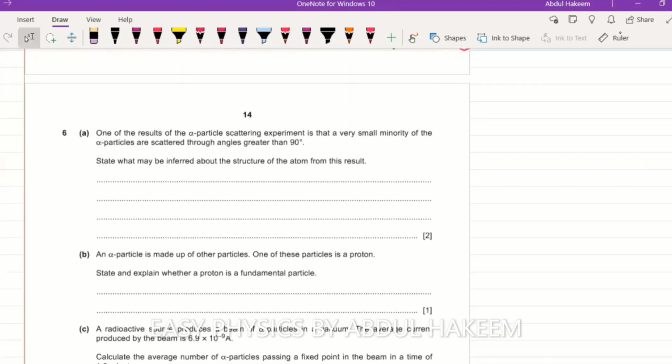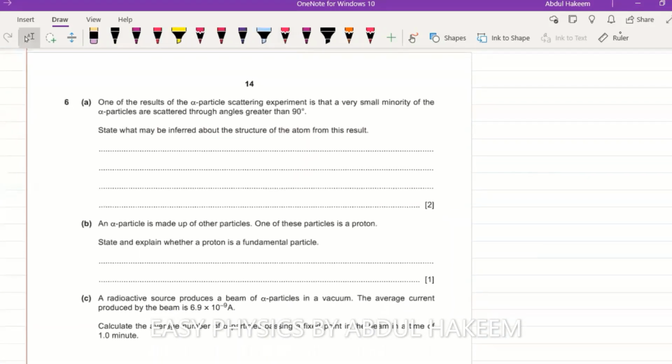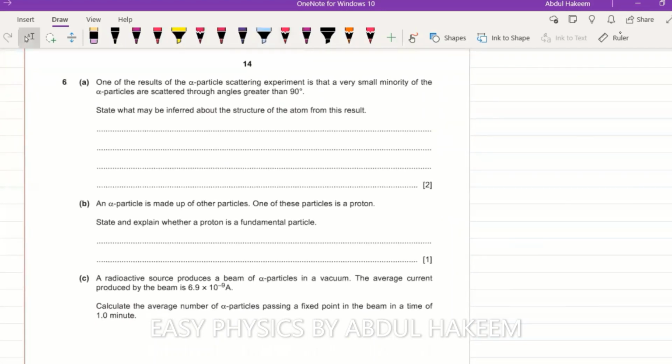Now move to the next, question number 6. One of the results of the alpha particle scattering experiment is that a very small minority of the alpha particles are scattering to an angle greater than 90 degrees. State what may be inferred about the structure of the atom from this result.